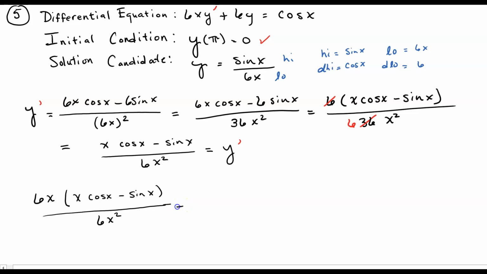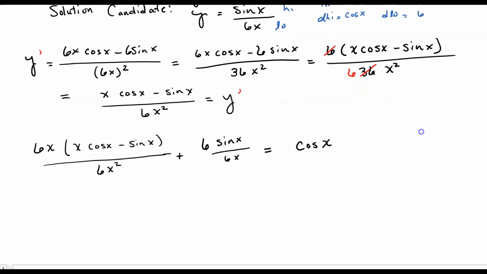And then we're going to add 6 times y, which is the sine of x over 6x, just like that. And then we should set this equal to the cosine of x.